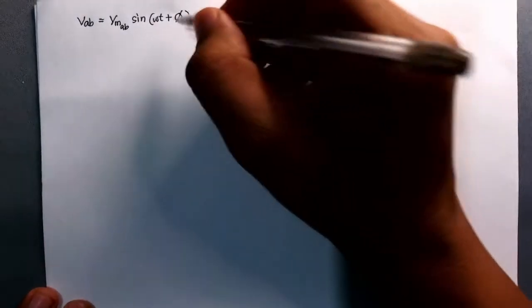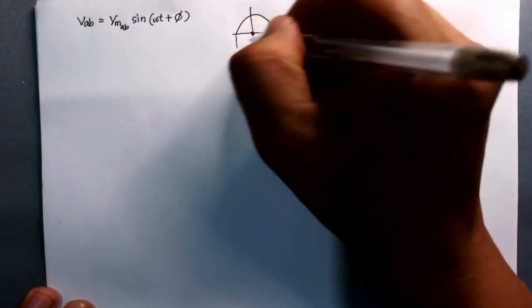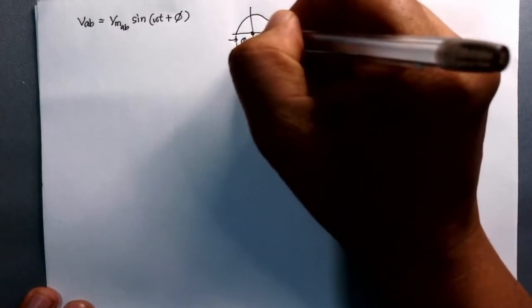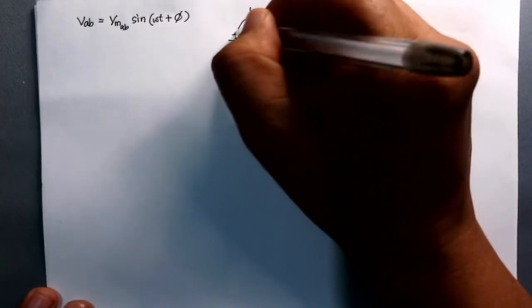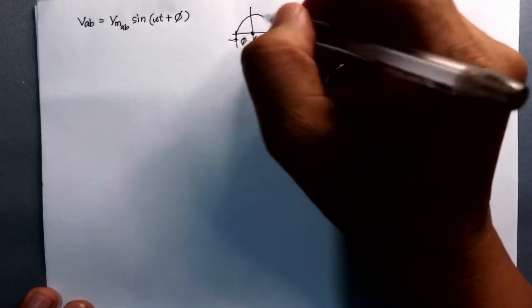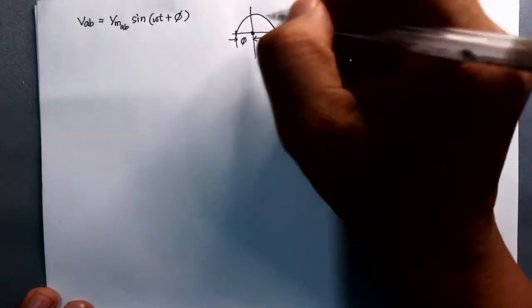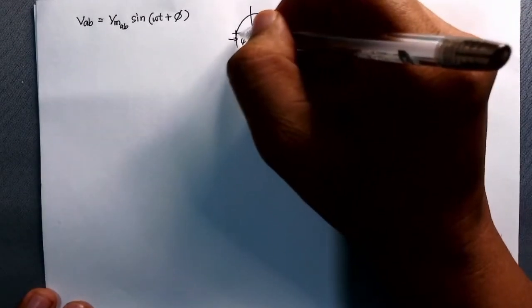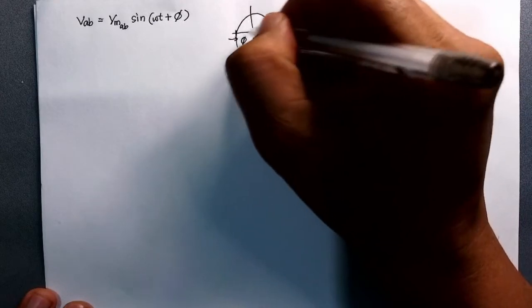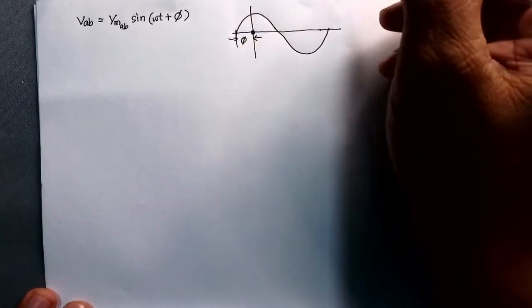Okay, so your phi will be this part. This is your phi. Okay, that is the place or the angle where your waveform started and hit the x-axis up to the origin.